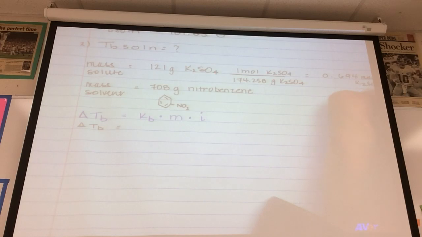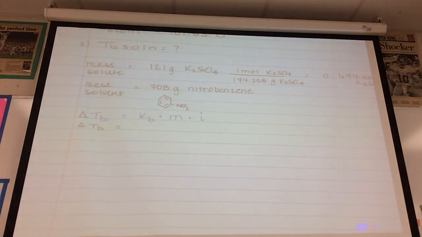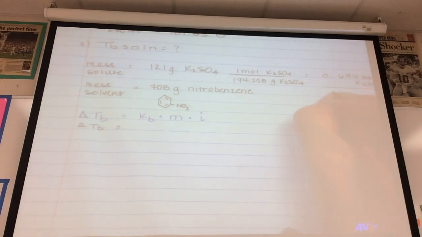So should we just plug the moles in here? Is M for moles? You better not. What are you going to divide this by? Mass of solute. In kilograms, right?